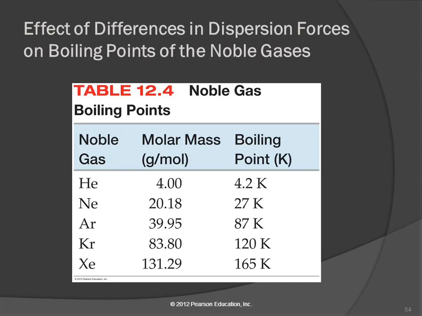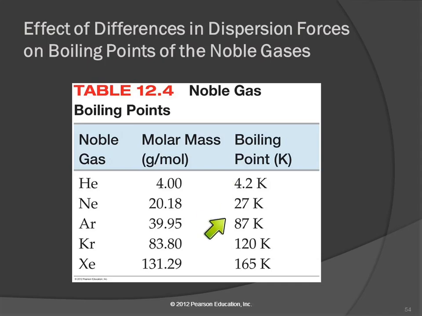Because in order for that substance to boil, the particles have to have enough energy that when they get to the surface, they can break through and break free from the forces that are holding them together. If those forces are weak, like they are for helium, helium atoms have enough energy at 4 Kelvin, which is like minus 269 degrees Celsius, really, really, really cold. They have enough energy at 4 Kelvin to boil.